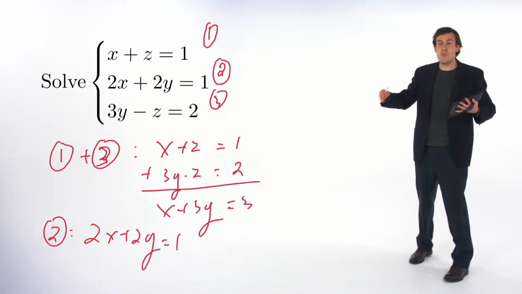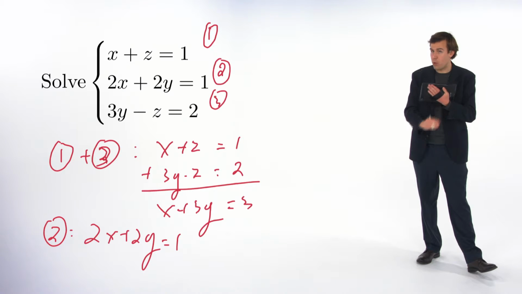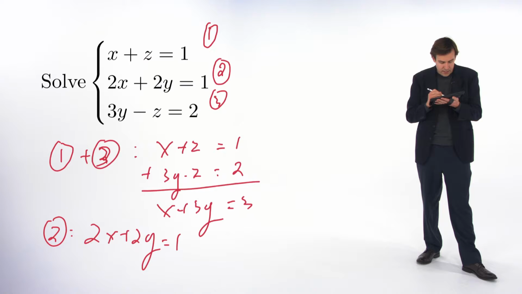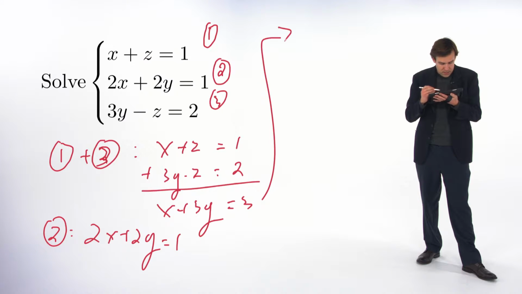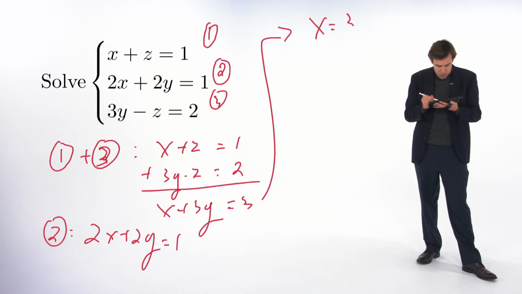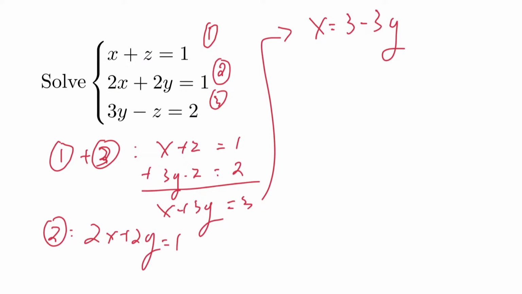So those two together are a pair of lines, and I'm looking for their intersection. So I can solve it by saying, well, I know that x equals 3 minus 3y from adding equations 1 and 3. And I also know that, looking at this, if I subtract 2y and divide by 2, I get x equals 1/2 minus y.